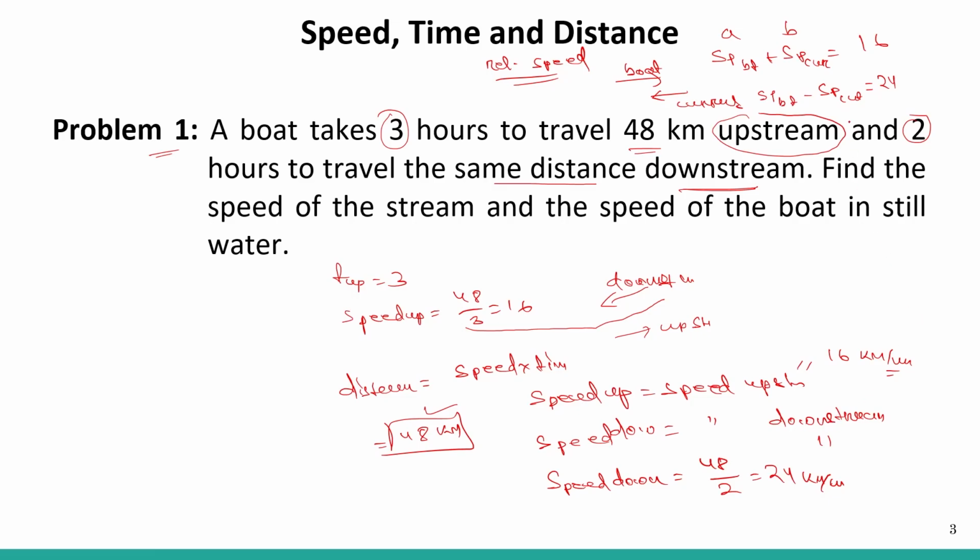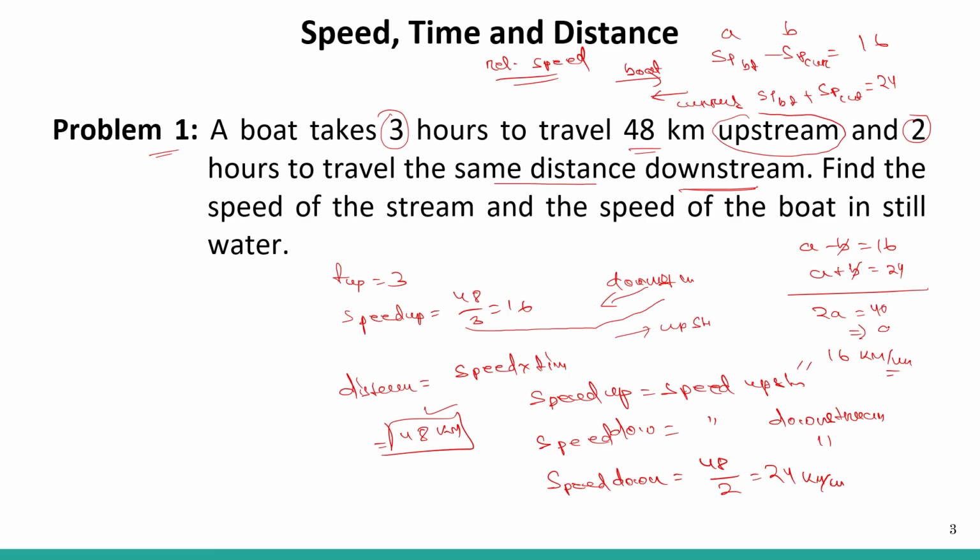Their speeds will add up. So it is given that a minus b is equal to 16 and a plus b is equal to 24. Solving this simultaneous system of linear equations, we are left with 2a is equal to 16 plus 24, which is 40.